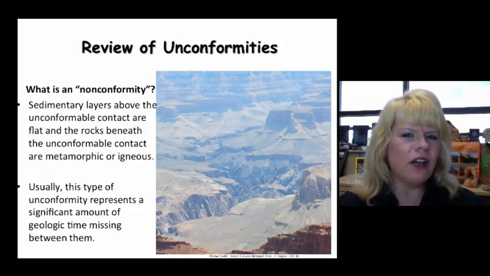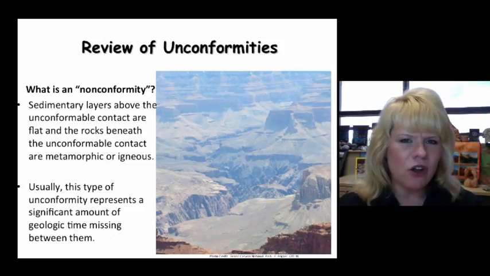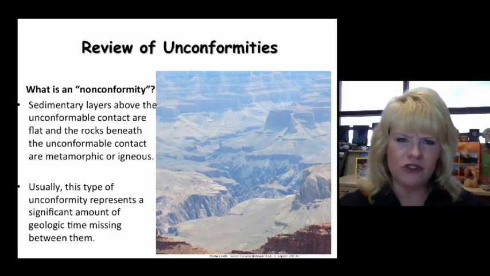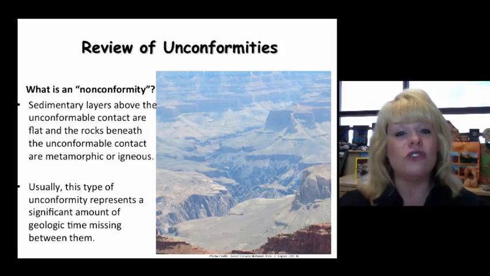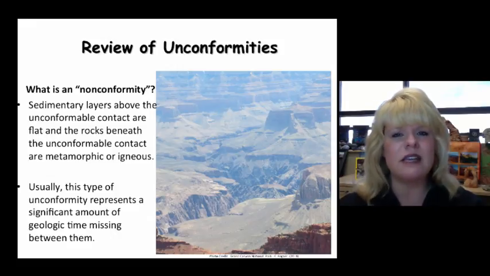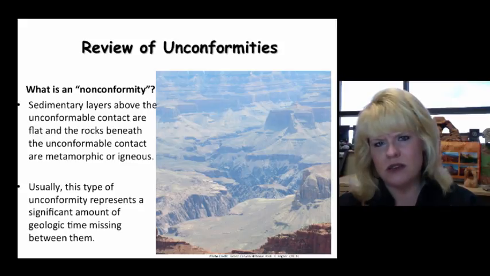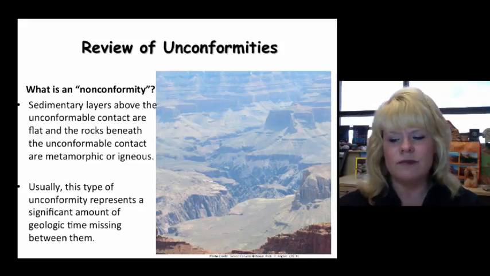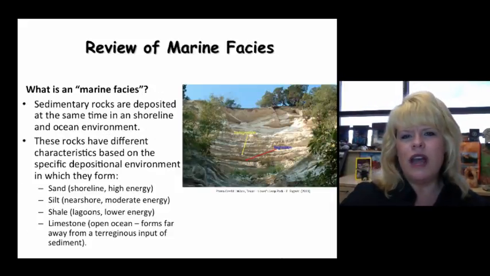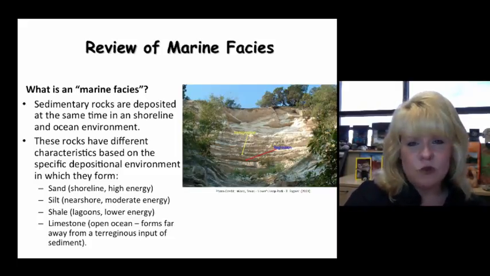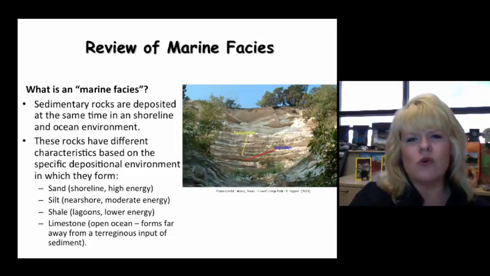So you can be walking on the Bright Angel Trail and actually walk over one step and have lost that much geologic time. There's a story there. So nonconformities tend to, not always, but tend to most of the time, represent huge, vast quantities of erosion or non-deposition. So we need to have a quick review of marine facies, which are transgressions and regressions, in order to talk about Sloss sequences.